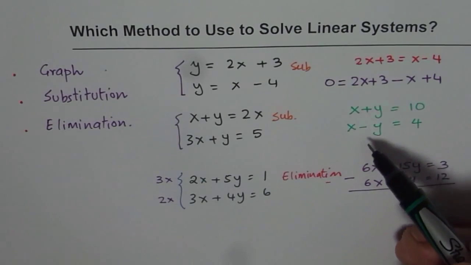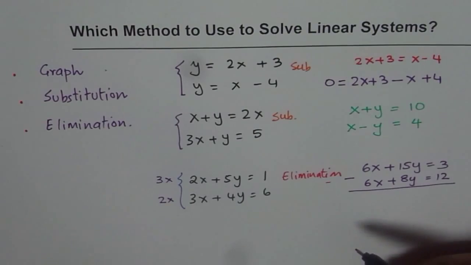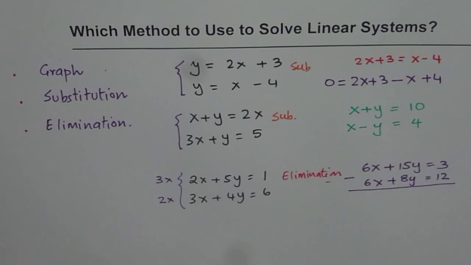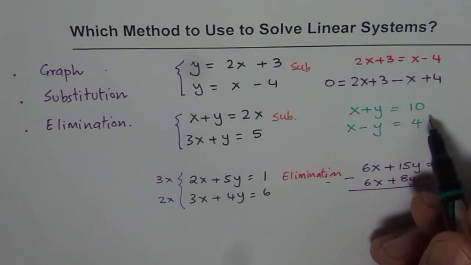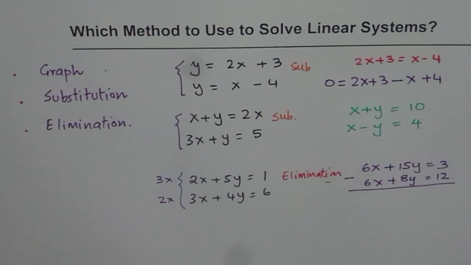Or if you subtract, you can eliminate x and then get the answer for y. The other way could be you could substitute the value of x and find y, or the value of y and find x. Correct? So both methods could be used. So there are times when you can use both the methods. So it is a big decision to take when you look at the equation. Then try to decide which method to use.